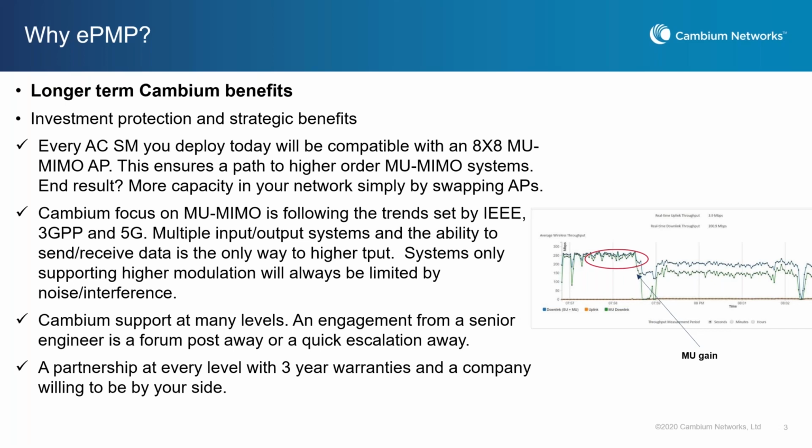So this gives you a path towards next generation. You're not talking about forklifting or changing out. Some of the competitors swing back and forth between, am I running something like an LTU or an 802.11 based system? You've got a nice convenient path forward from the current technology to the next generation of technology.